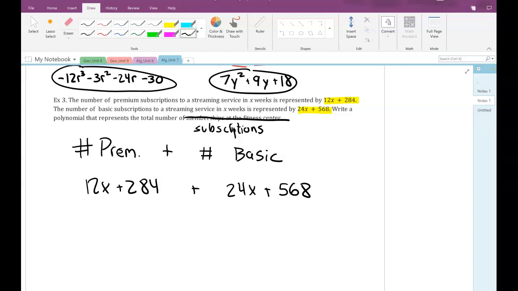And we do the same thing. Just combine like terms. We take 12x and 24x, we get 36x. And then we add 8 and 4 together. So you get, would that be 258? I don't know why I read that backwards. 852.